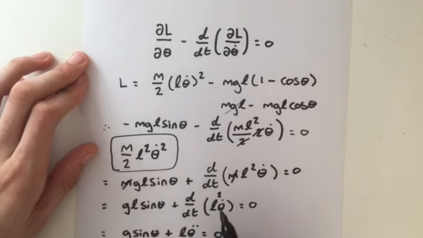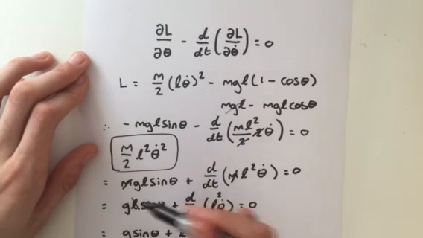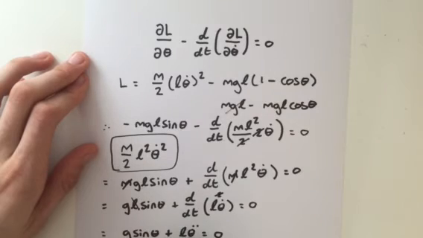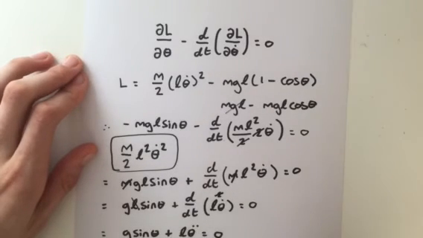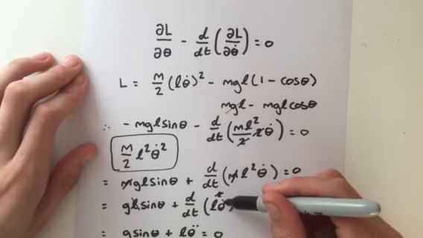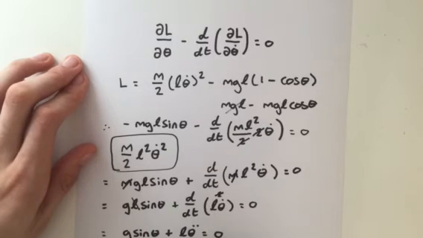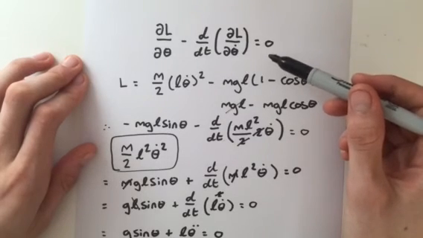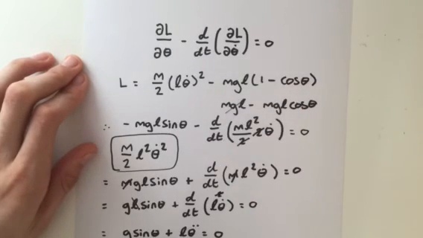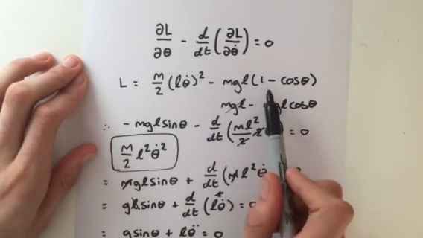So yeah, differentiate L squared theta dot, we get L squared theta double dot, cancel out the L's, we're left with that. Hope that makes sense. So again, I'll say that again, we have L squared theta dot, differentiate that, we get L squared theta double dot, then we can cancel out those L's to give us g sine theta plus L theta double dot equals 0. So all we've done is use the Euler-Lagrange equation to find the equation of motion from our Lagrangian we had here. Okay, so that's not too hard.